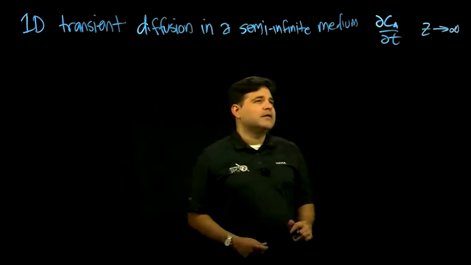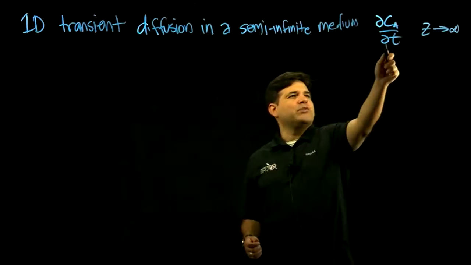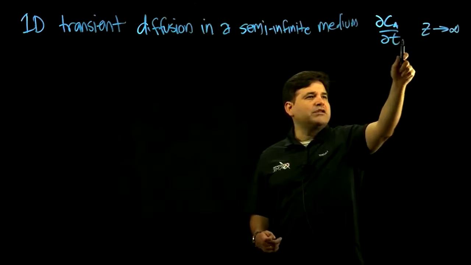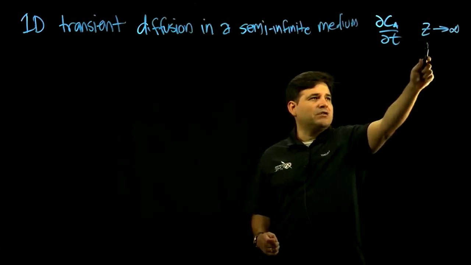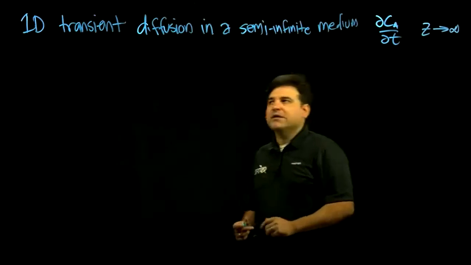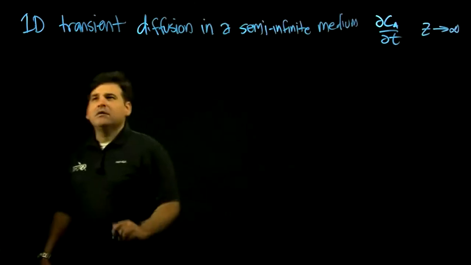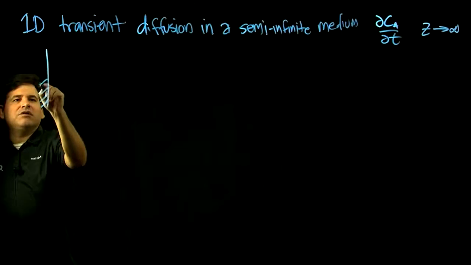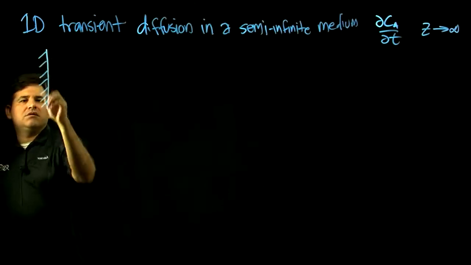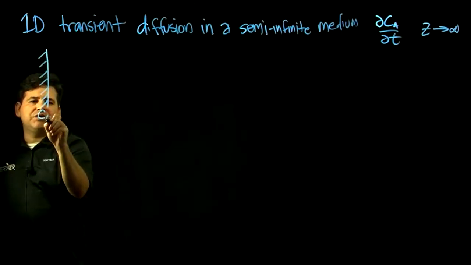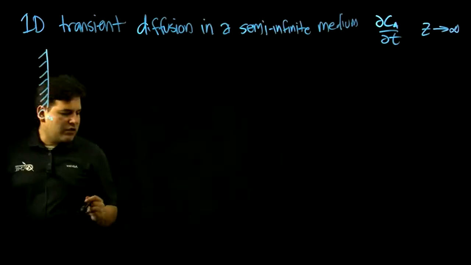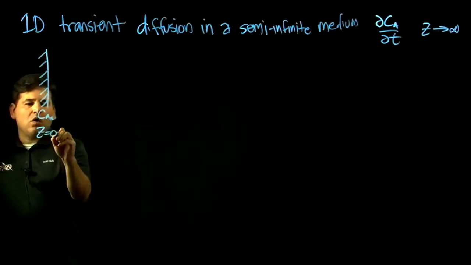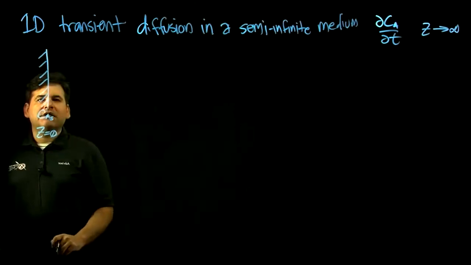And this is a partial derivative because the solution depends on time, and it also depends on where you are in the domain. In this case, one-dimensional. So this would look something like a wall with some source of a concentration of a particular species at the wall located at z equals 0.